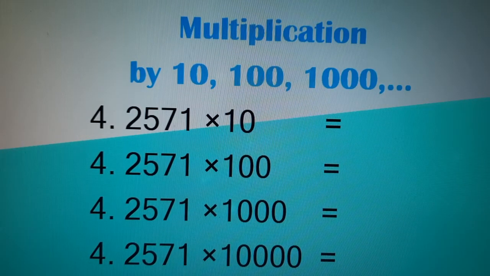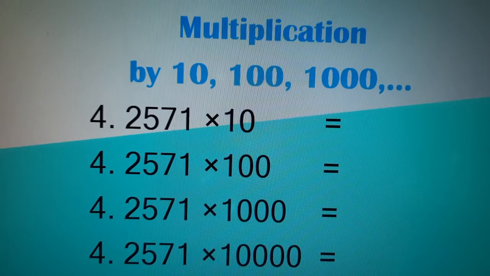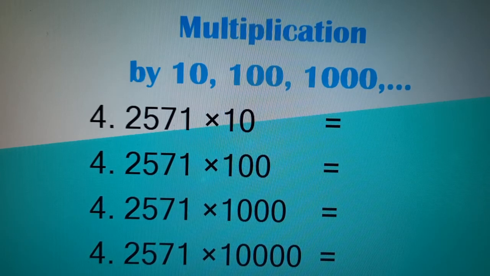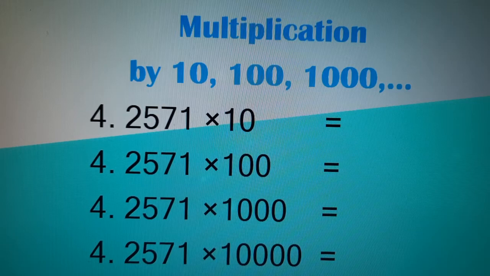Multiplication of decimals by 10, 100, 1000, etc. As an example, we multiply 4.2571 by 10, by 100, by 1000, by 10,000 to understand the method of multiplication by power of 10.